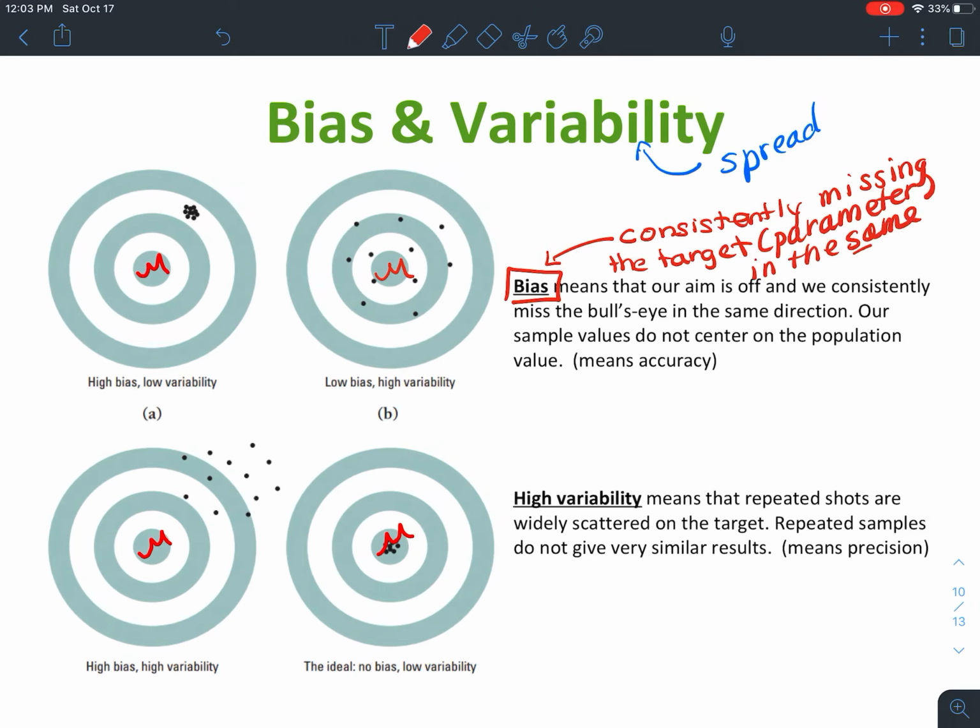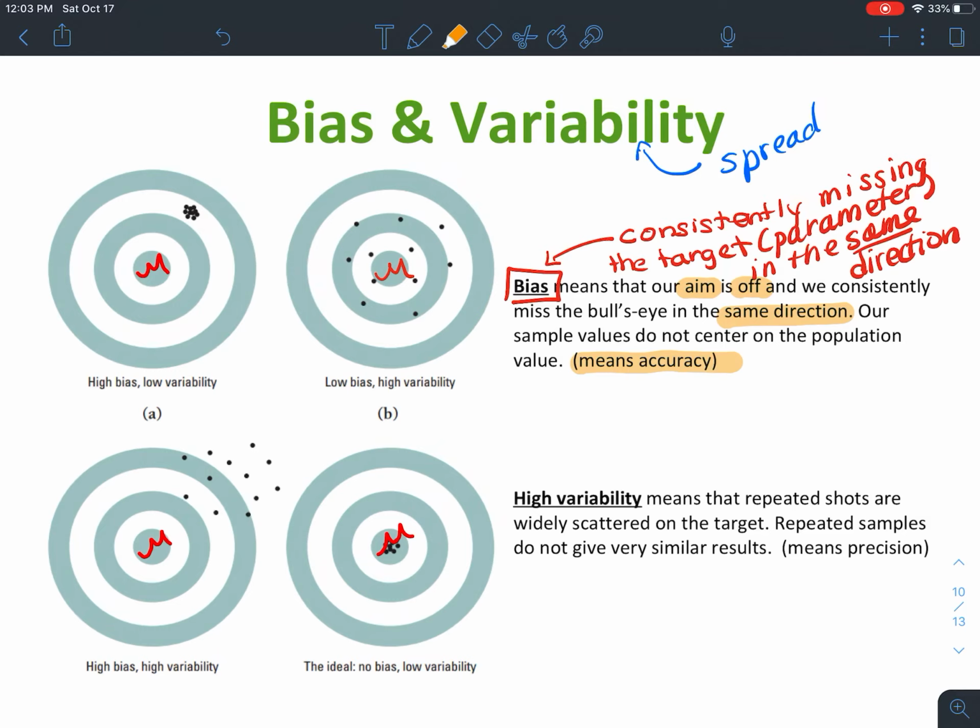This is important, in the same direction. So it's always overestimating your mu, or it's always underestimating mu. When we talk about bias, we're referring to accuracy. Our aim is off, always in the same direction.